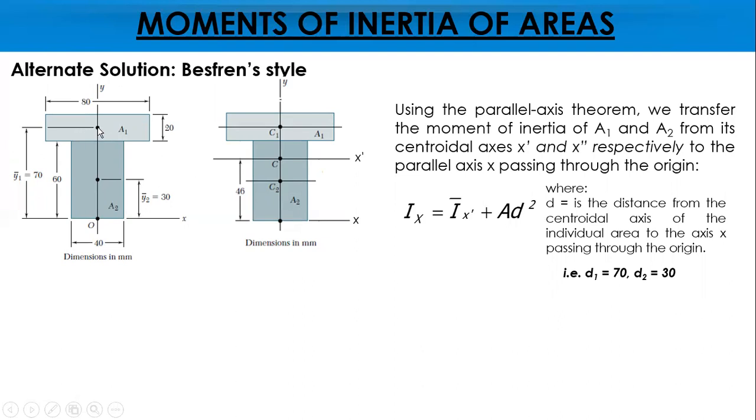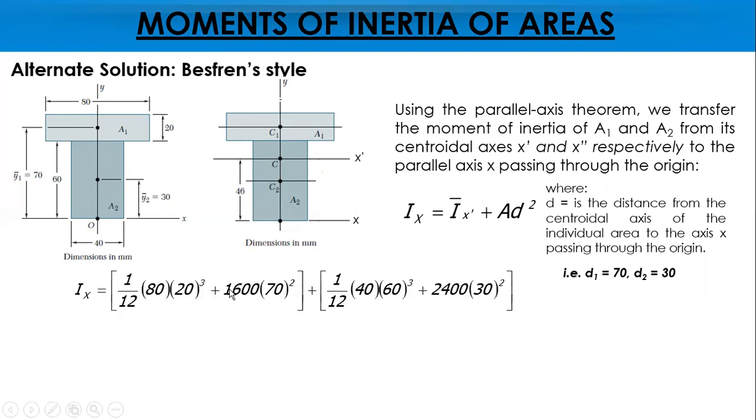Distance of the centroidal axis of each element to our arbitrary x-axis. So our D1 is 70, our D2 is 30. Okay.